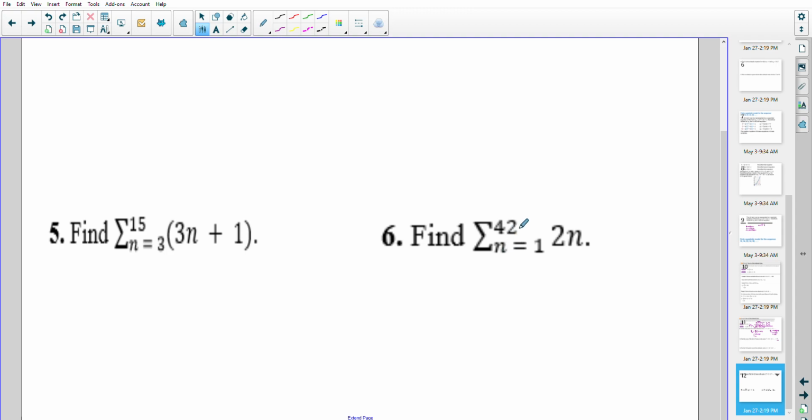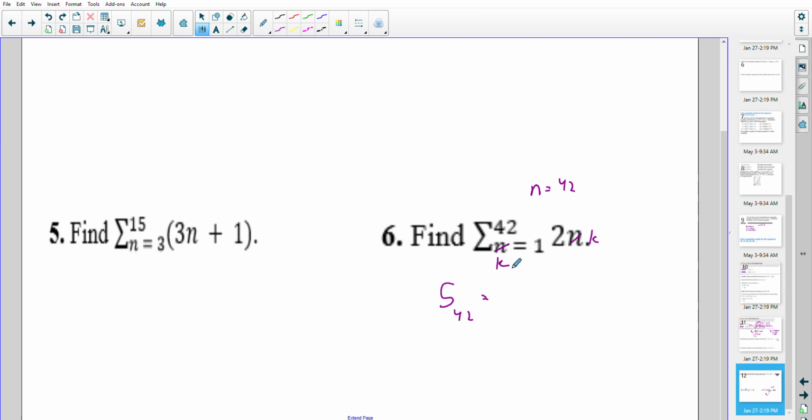The question is, how many terms are there from 1 to 42? And the answer is your total number of terms, n, is equal to 42 terms. Now, unfortunately, they use an n here. It'd probably be better if they used a k, because n represents the number of terms that I'm looking for in the formula. All right, so basically all you have to do to find the sum of the first 42 terms is substitute into the formula.